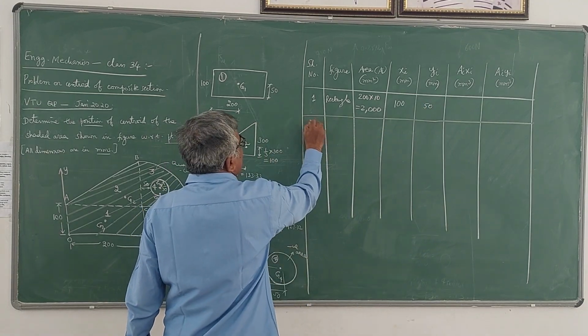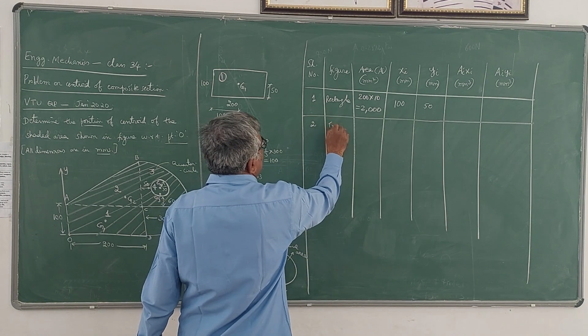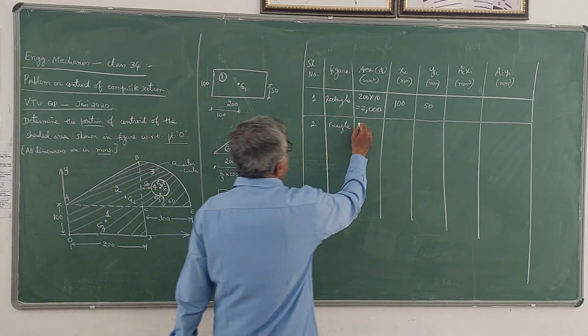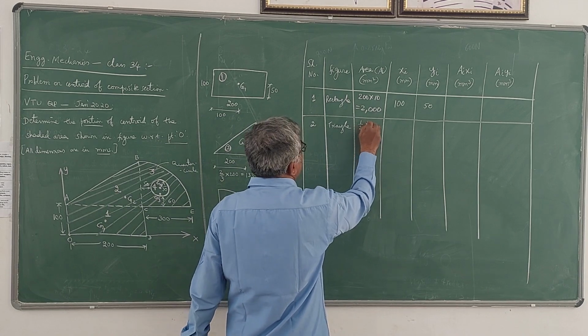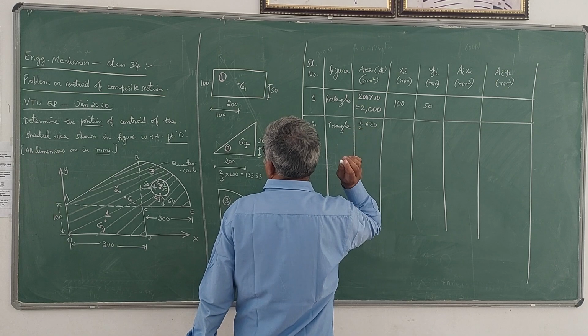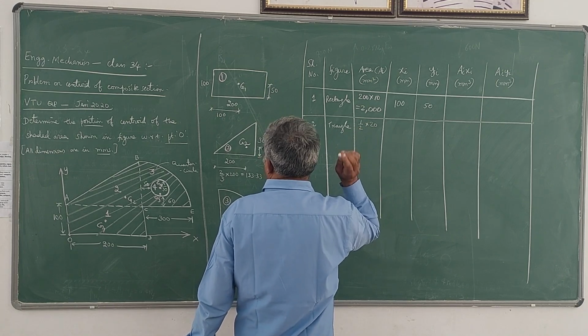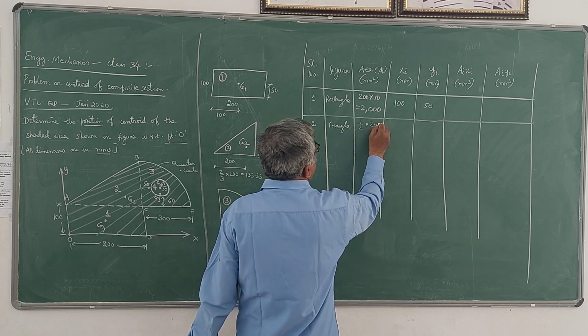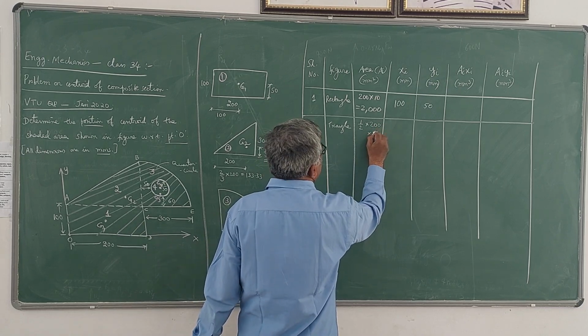Then second figure is triangle, right angle triangle, whose area is half into base into height, which is half into 200 into 300.